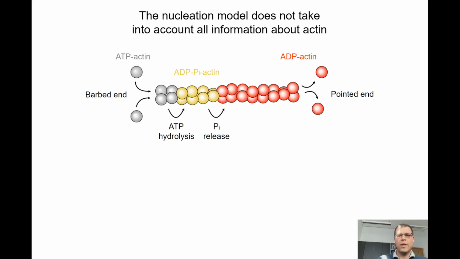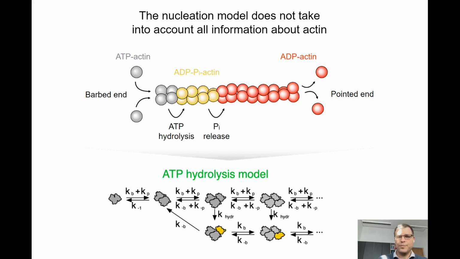And the common nucleation models completely disregarded this fact so far. So I thought, okay, maybe I can modify my model a little bit and produce a simple model where I have one equilibrium where the filament can grow from both ends.